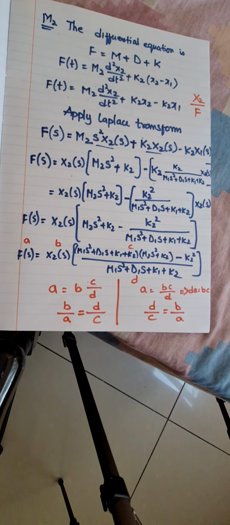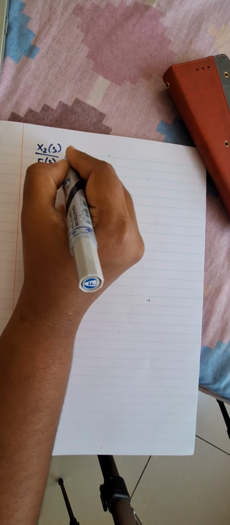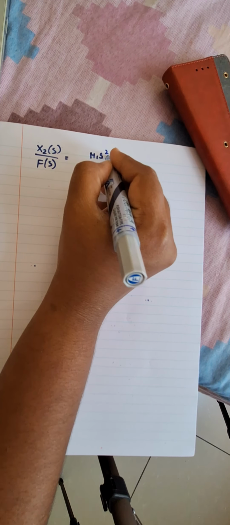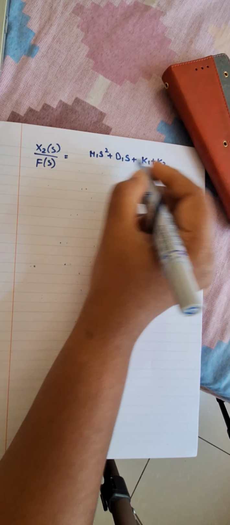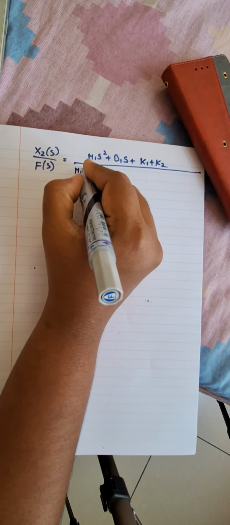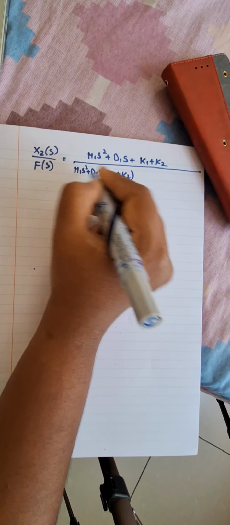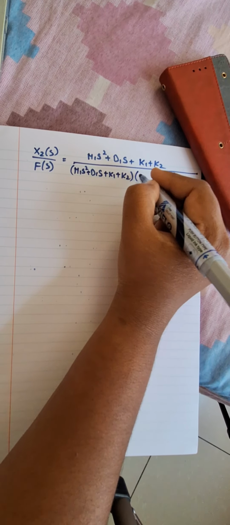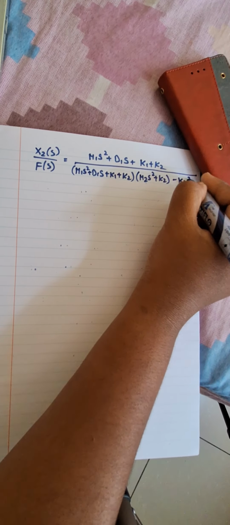So finally, I am concluding the answer as x2 of s by f of s is equal to m1 s square plus d1 s plus k1 plus k2 by m1 s square plus d1 s plus k1 plus k2 into m2 s square plus k2 minus k2 square.